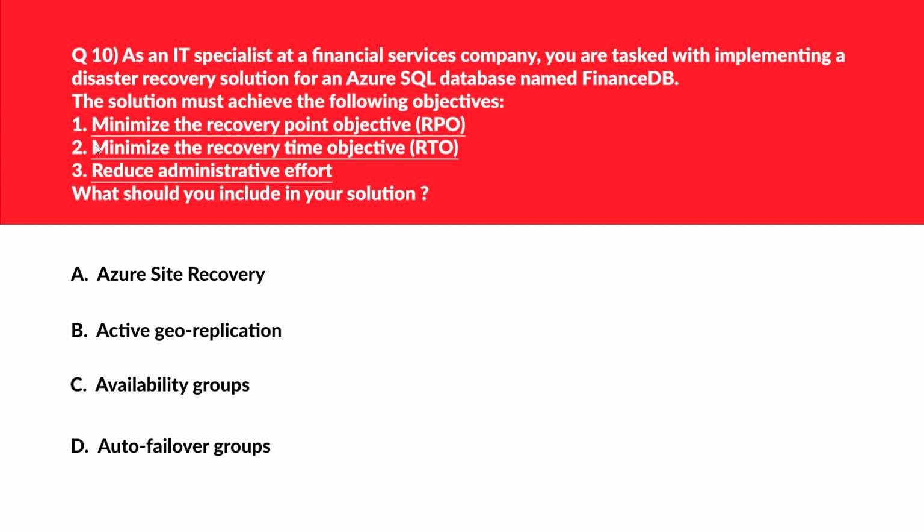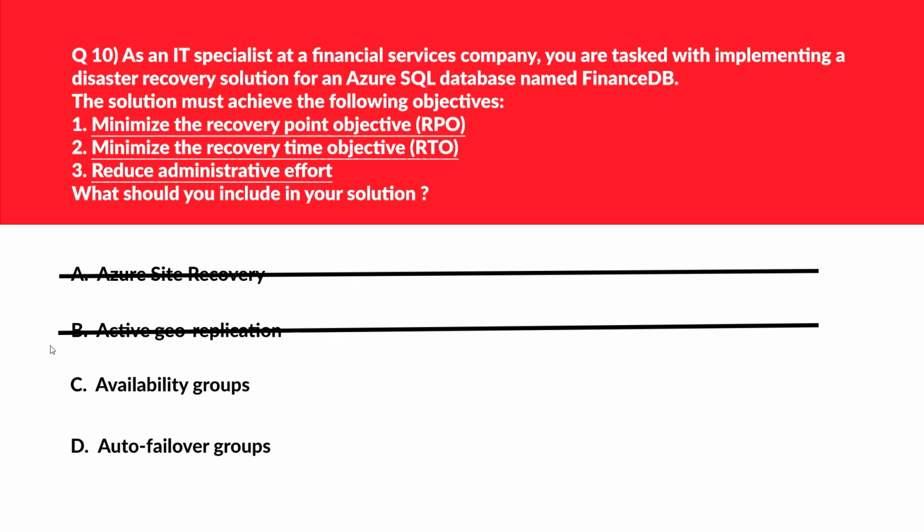That is points 1 and 2 as well. So this is out. Let's move to B. B says active geo replication. Active geo replication can help with the first 2 points, that is RPO and RTO, but it involves more administrative effort compared to auto failover groups, which is currently option D. Since option D is currently better than option B, for now we can reject option B.